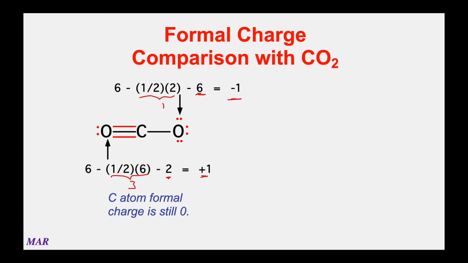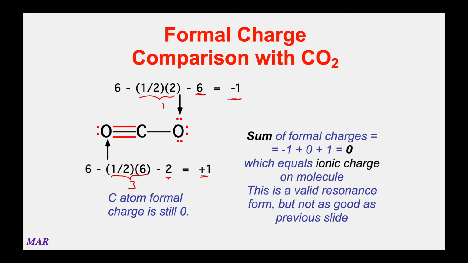So notice that this CO2 has a +1 and a -1. Carbon is still going to be 0. All right, carbon hasn't changed. It still has 4 bonding pairs and a group number of 4, so it's going to go to 0. So if you analyze these formal charges, -1 plus 0 plus 1 equals 0. So this is a good structure. It's definitely a resonance structure. However, it's not as stable as the last one.